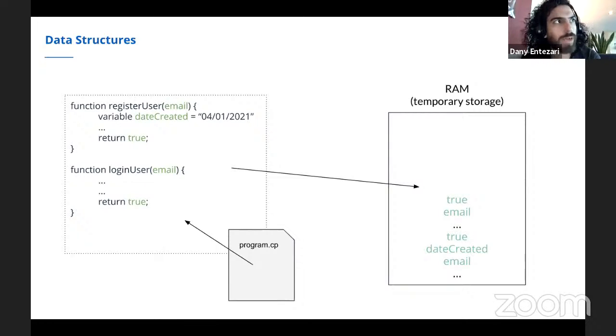Bear with me and you'll know why this is important to know. So certain elements that an algorithm needs to function, to work, to compute, must be put in the temporary storage.